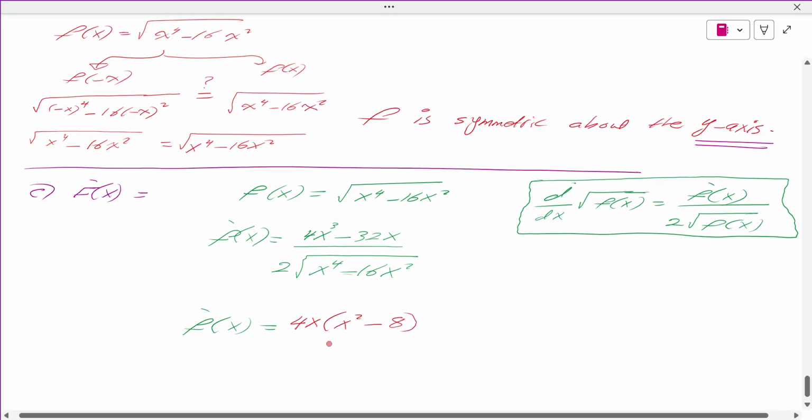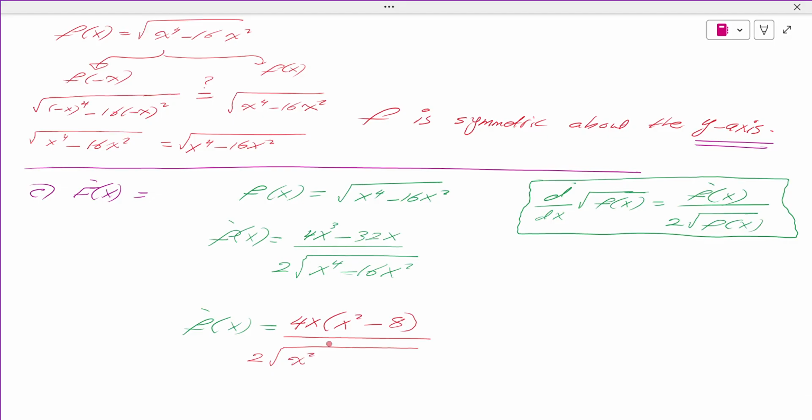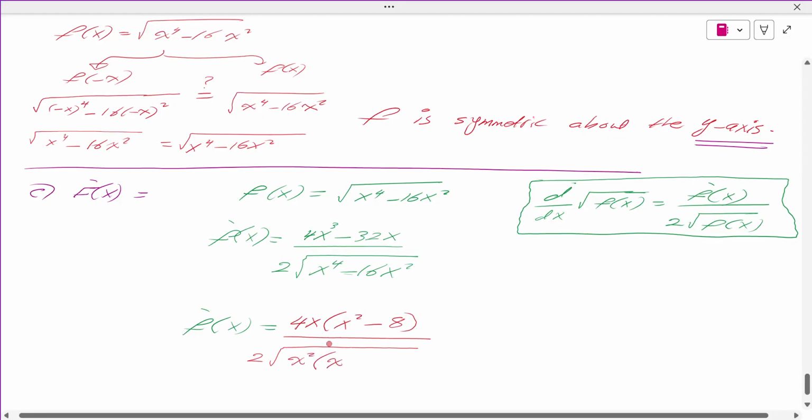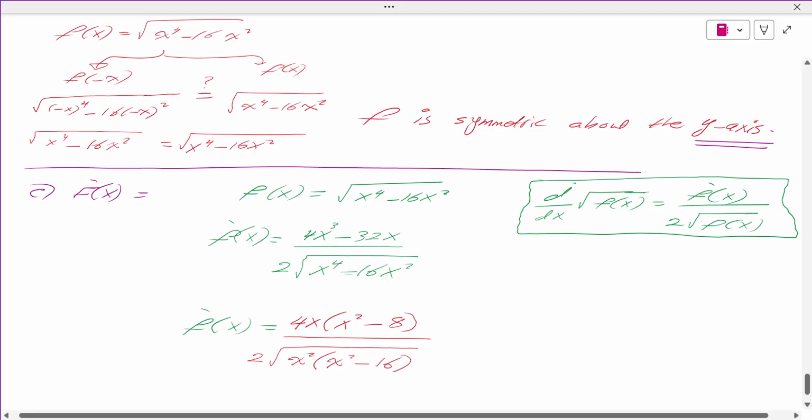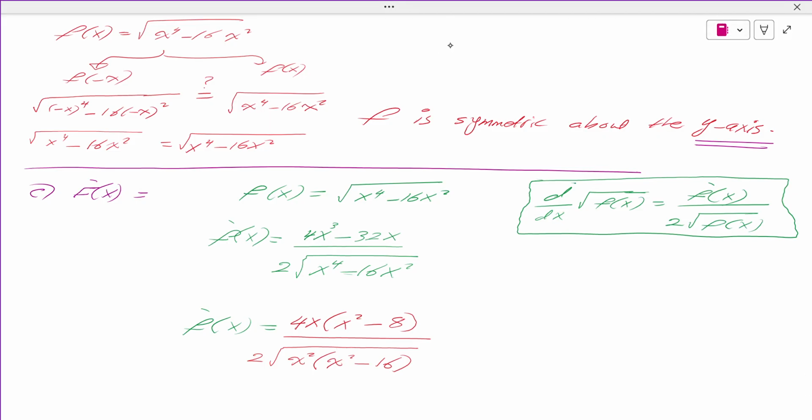Over 2 times the square root. Now what do they have in common inside the square root? They have x squared in common. That leaves you with x squared minus 16, right? X squared minus 16.